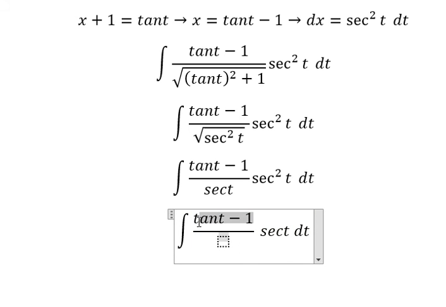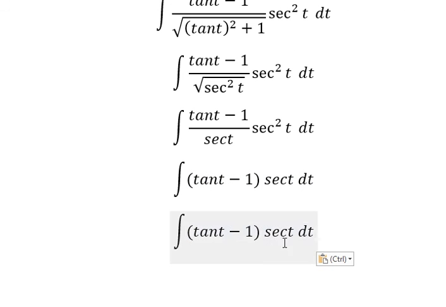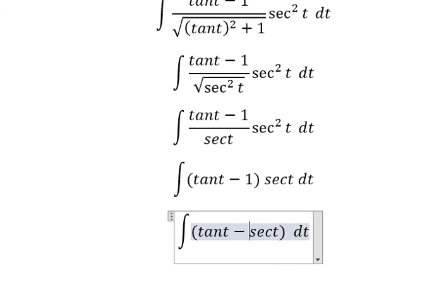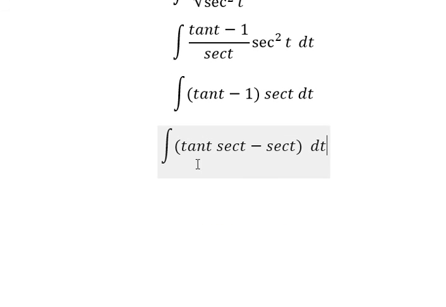So we just have it like this: secant t multiplied by tan t and 1. So the integration of this one is secant t.